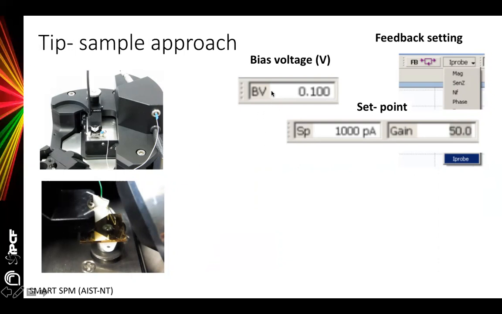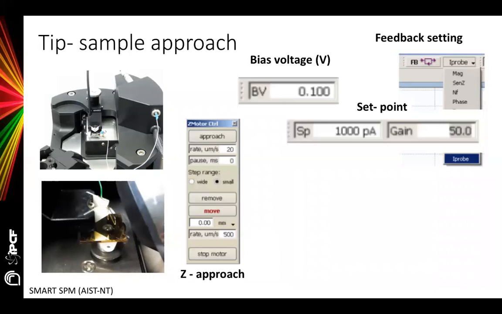Typical values for the bias voltage range from 1 volt to fractions of a volt, like 0.1 volt. While for the tunneling current, we have typical currents of 1 nanoampere, or even less, like 500 picoamps or 100 picoamps.